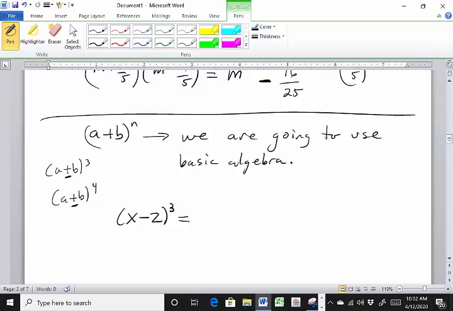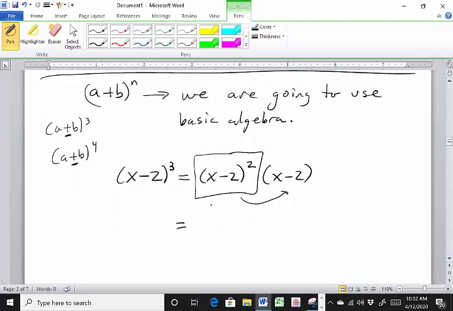How do you expand this out? Well, this is just x minus 2 to the 2nd power times x minus 2. We can write it like that. We could have written x minus 2 squared as x minus 2 times x minus 2, but we're going to use our shortcut that we know now how to do a binomial squared. And then we're going to get that result and multiply it by this.